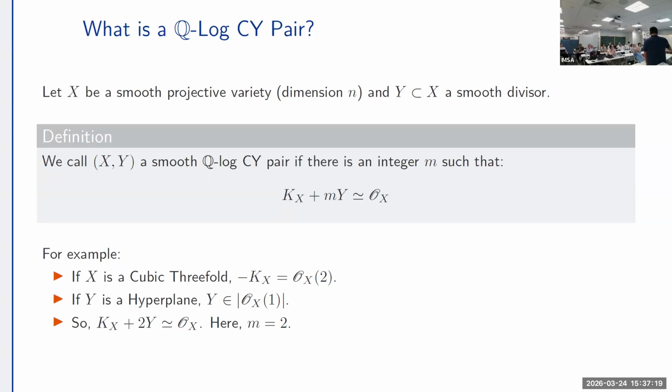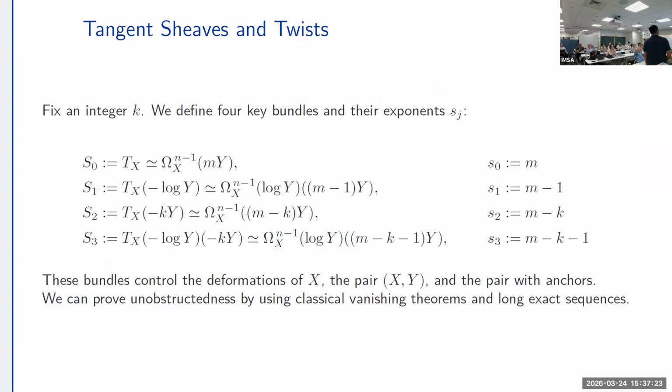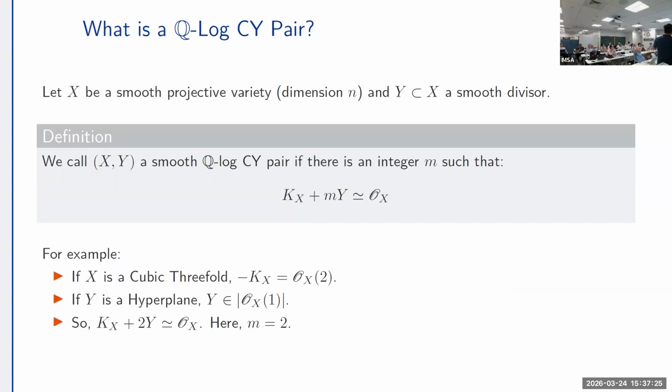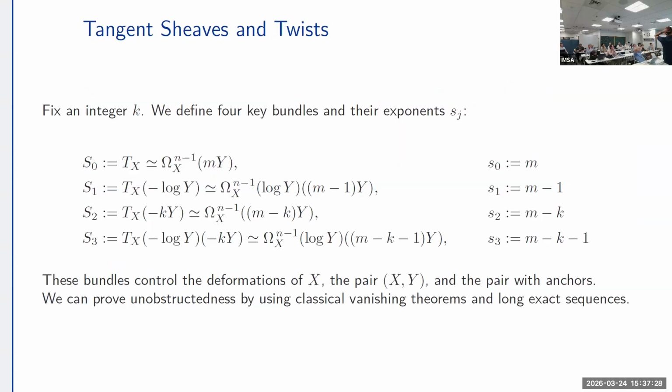And I want to apply my construction that I did before, the relative Abel-Jacobi, to this. So now we have a bunch of deformation problems. You can consider the deformation of X. You can consider the deformation of X that keeps Y. You can consider the deformation of X that vanishes on Y along with some multiplicity, and a lot of twists of this.